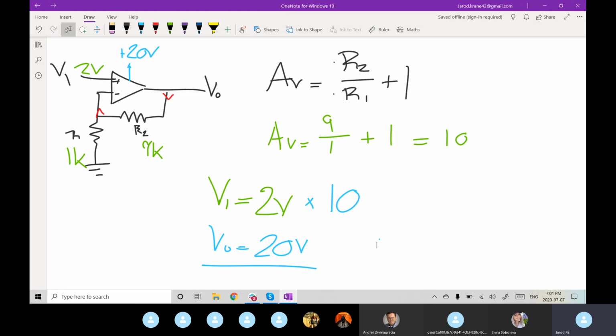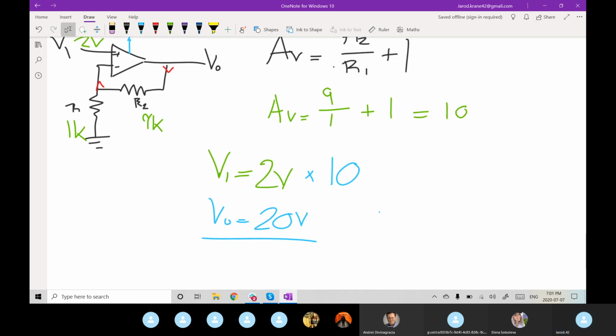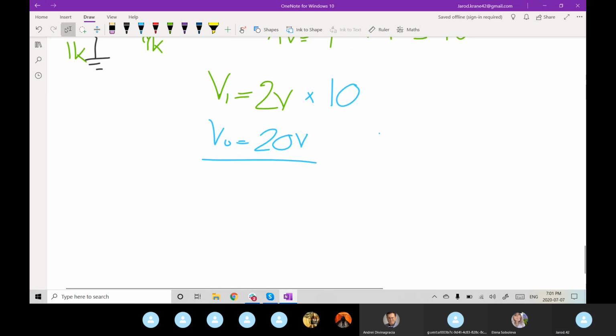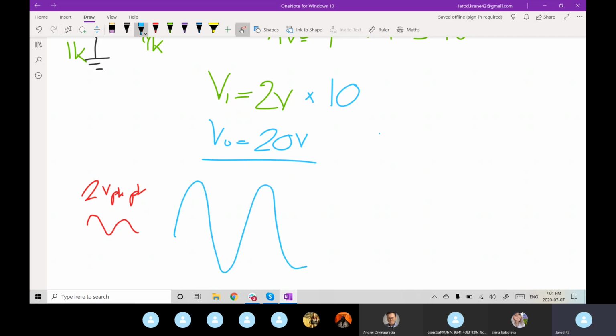Now, this does also work with AC voltages. So if instead of just sending a solid 20 volts, if we were sending an AC of 2 volts peak to peak, our output would match up just the same.